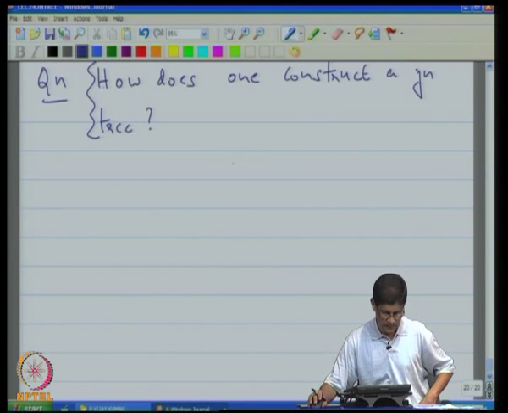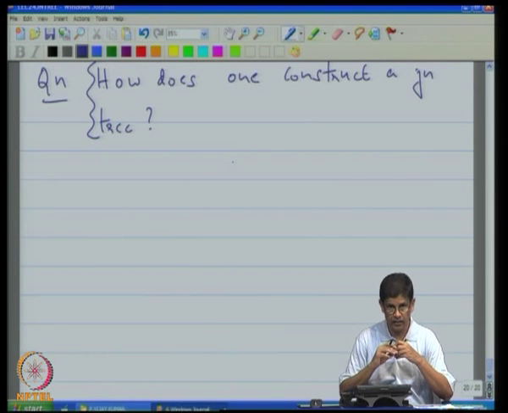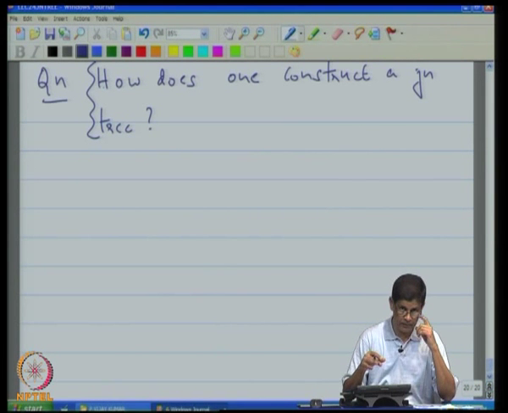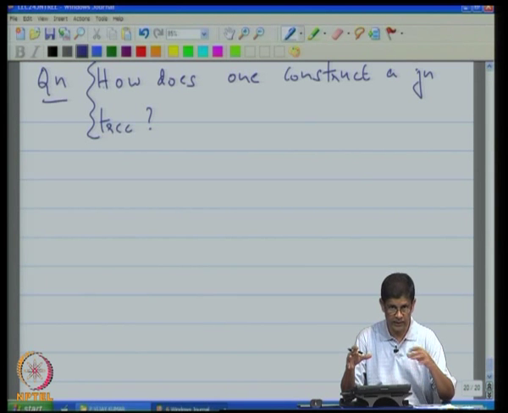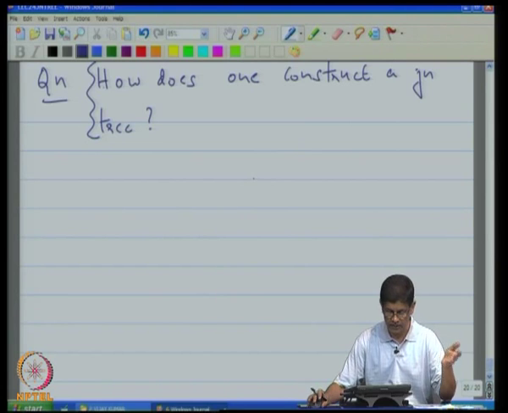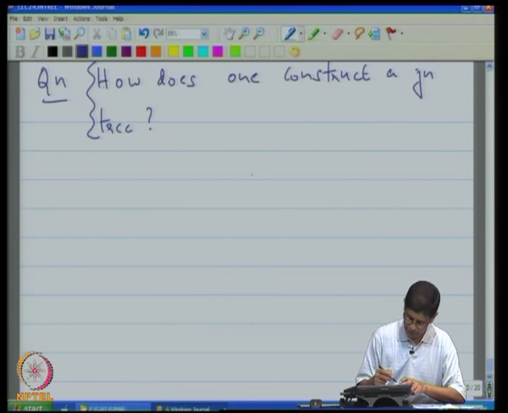The answer is that there are algorithms in graph theory which tell you how to construct a maximal weight spanning tree, and we are going to adapt one of those algorithms, but first we have to make a connection between spanning trees, maximal weight spanning trees, and junction trees.